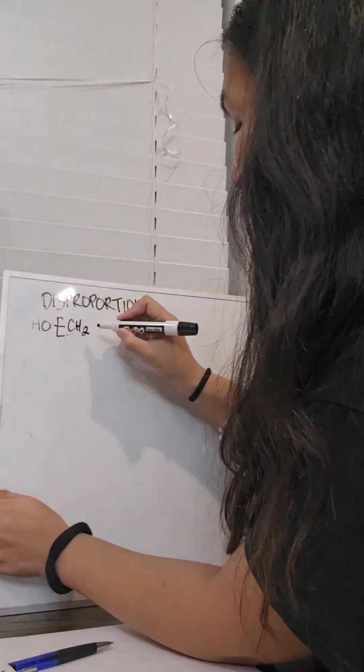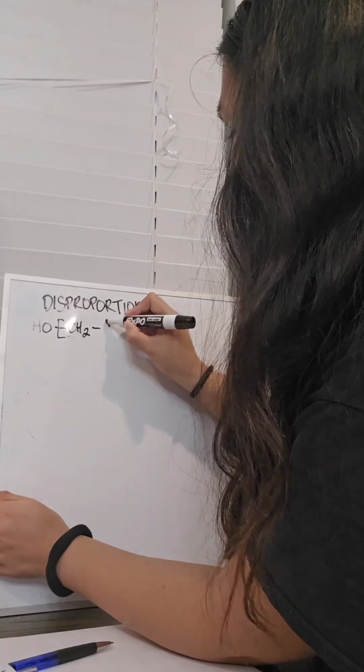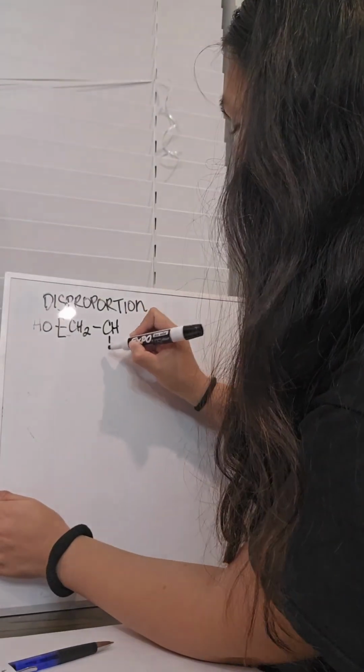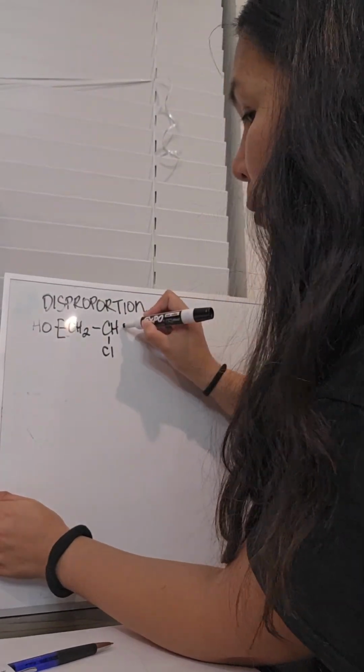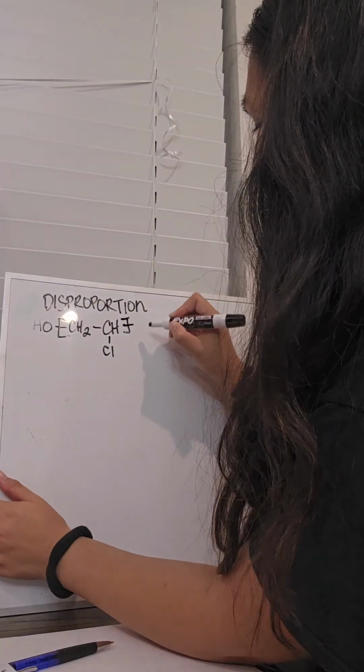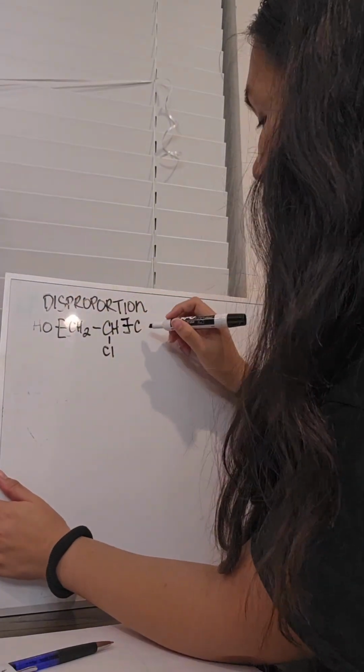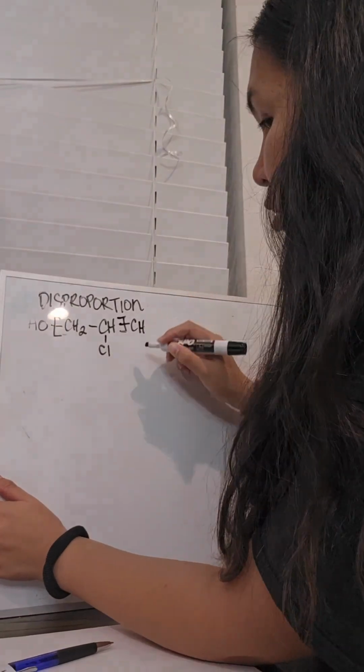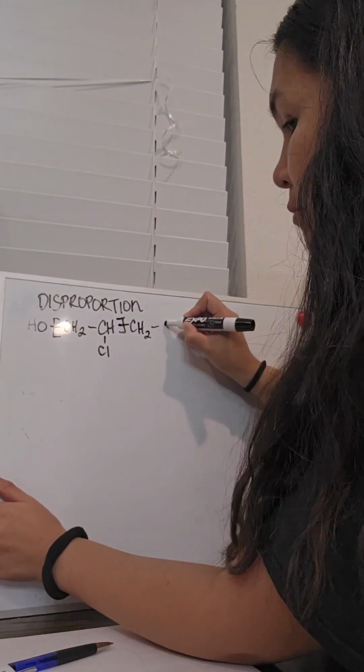Now this is the end product. This chain that I'm writing right now is the end product from our propagation process, since we're going to discuss the disproportionation termination process at this time.